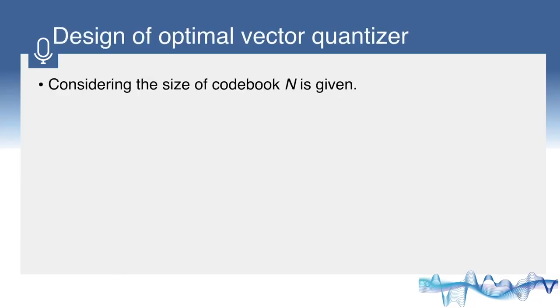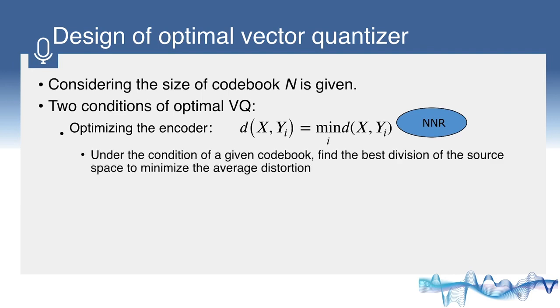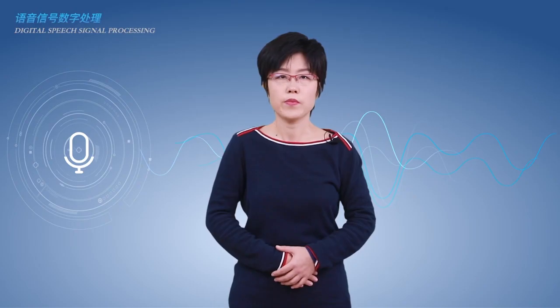Considering the size of codebook N is given, there are two conditions of optimal VQ. The first condition is to optimize the encoder, which will find the best division of the source space to minimize the average distortion under the condition of a given codebook.